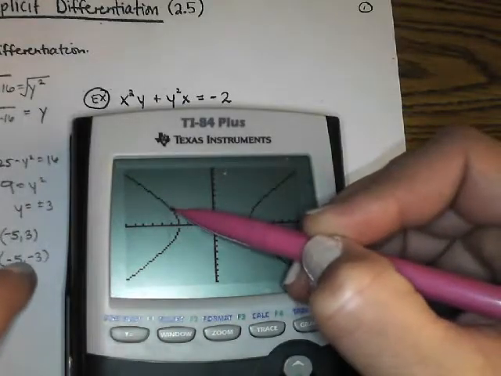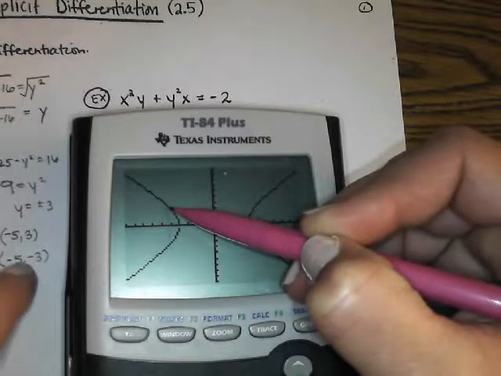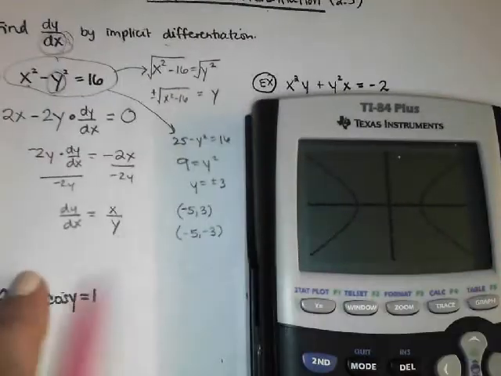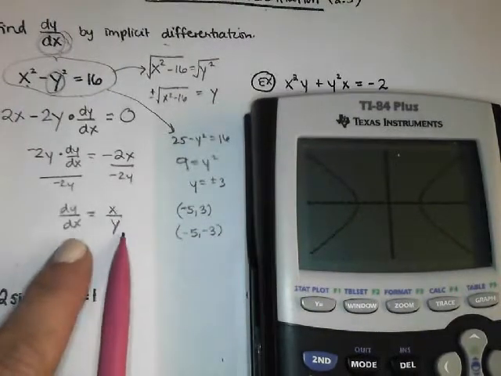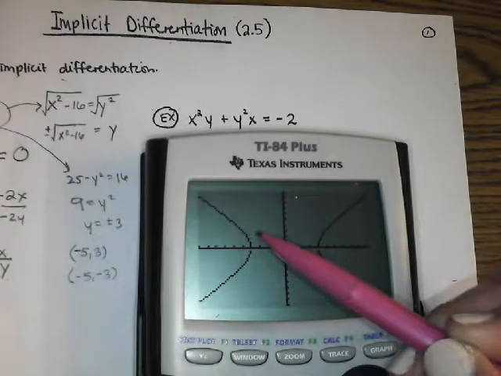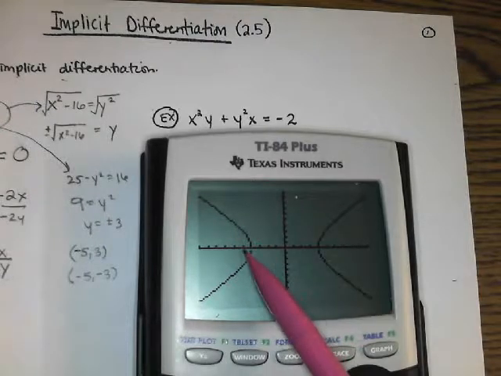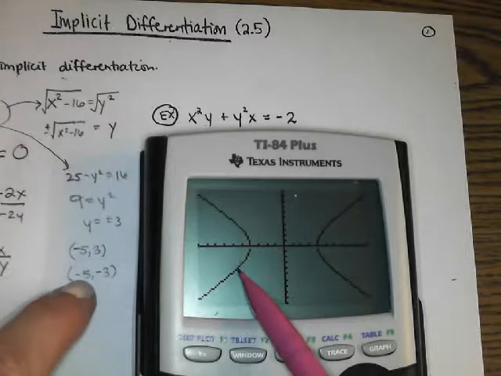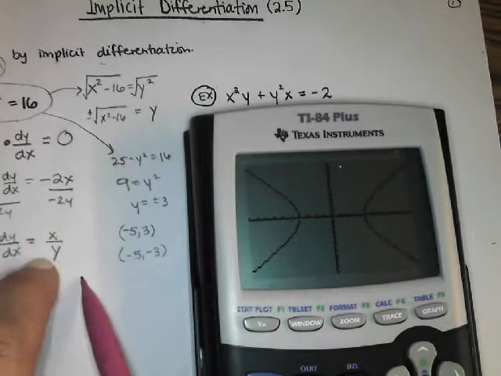What do you expect the slope to be there? Negative. And sure enough, if you plug in negative 5 and 3, the slope there is negative 5/3. If you wanted the slope at this point, negative 5, negative 3, you'd obviously get a positive 5/3 slope, which makes sense.